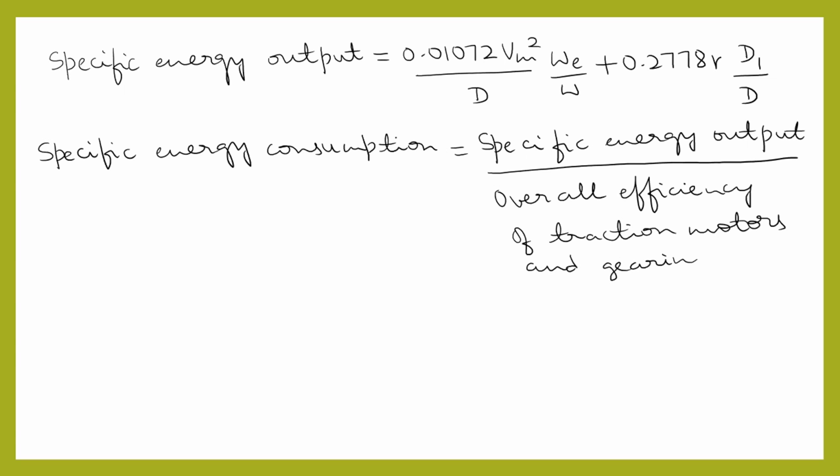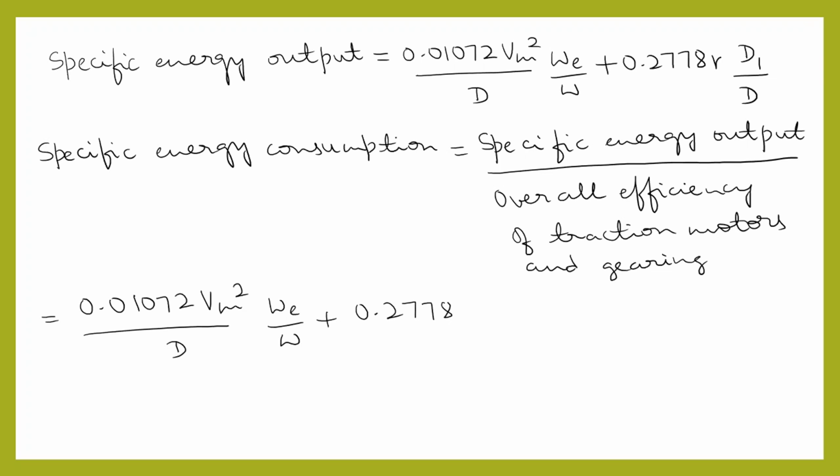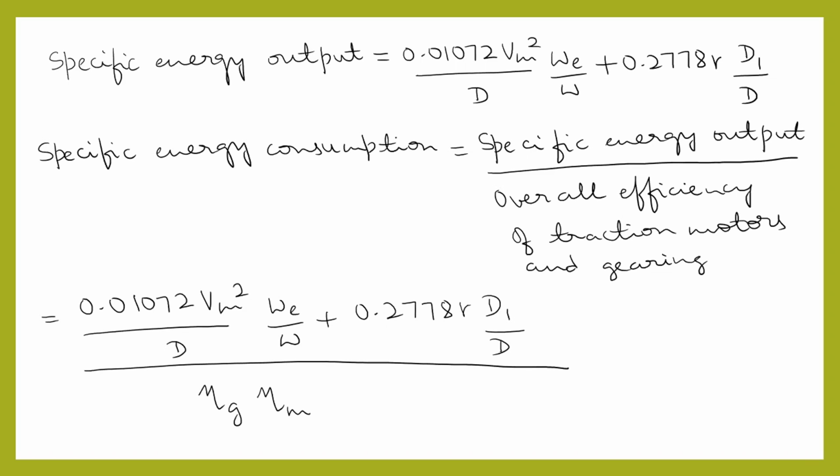So we have specific energy consumption as 0.01072 Vm square by D into We by W plus 0.2778 R D1 by D whole divided by eta G into eta M, where eta G is the efficiency of gearing system and eta M is the efficiency of traction motors.